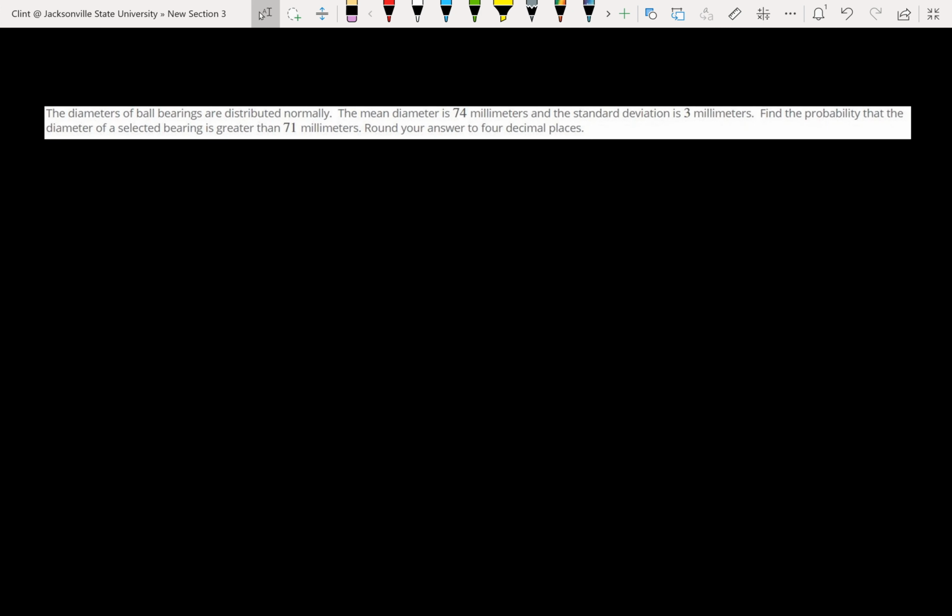All right, so this one says the diameters of ball bearings are distributed normally, so we're going to use z. It says the mean diameter is 74, so that's going to be our mu. And the standard deviation is 3 millimeters, so that's going to be sigma. And we want to find the probability that the diameter of a selected bearing is greater than 71 millimeters, so that's going to be our x.